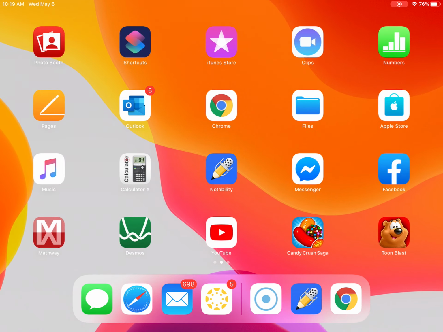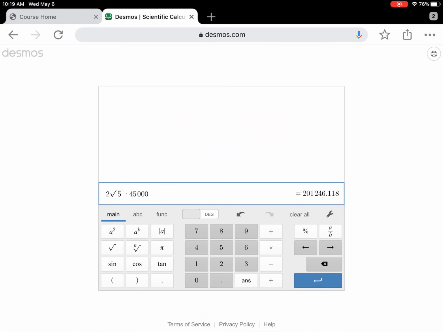Hold on, guys, I forgot. Was it really $45,000? Yes, it was. $45,000. And if I hit enter, it's going to cost this town $201,246.12 to build this spur line. So what am I doing?